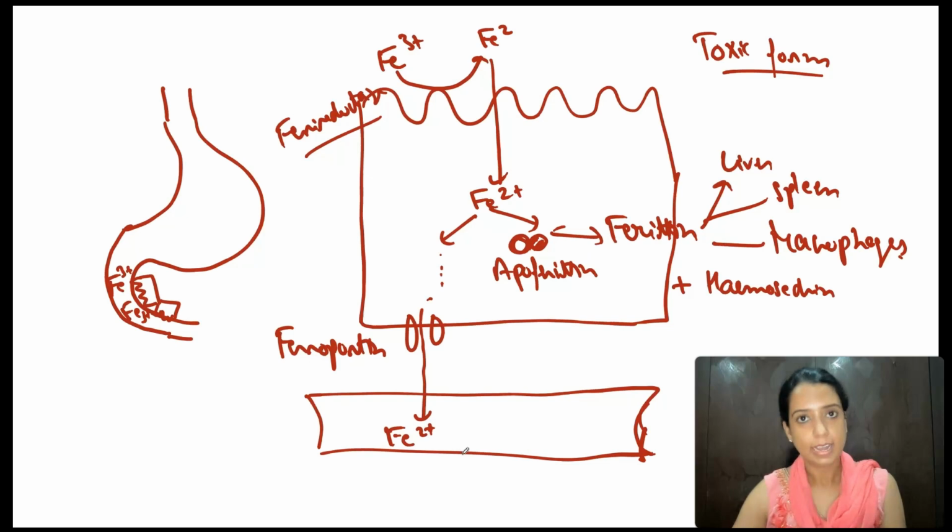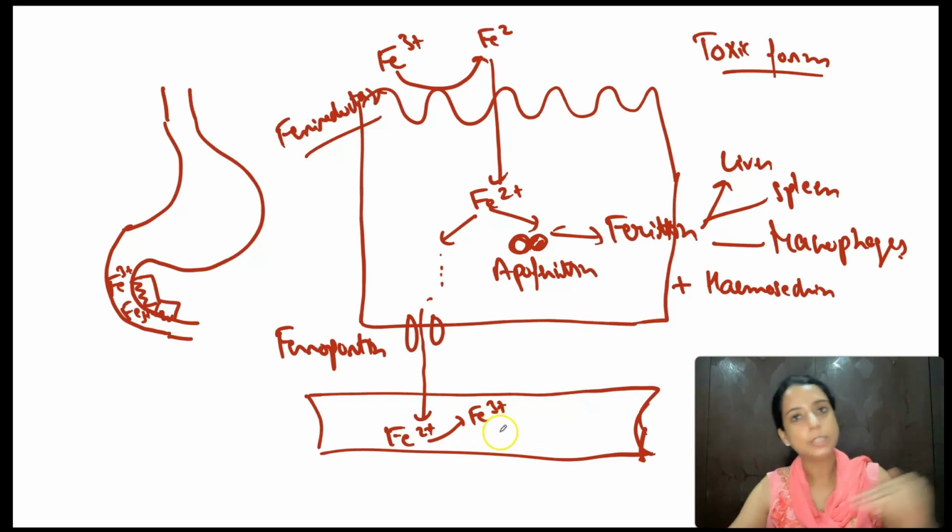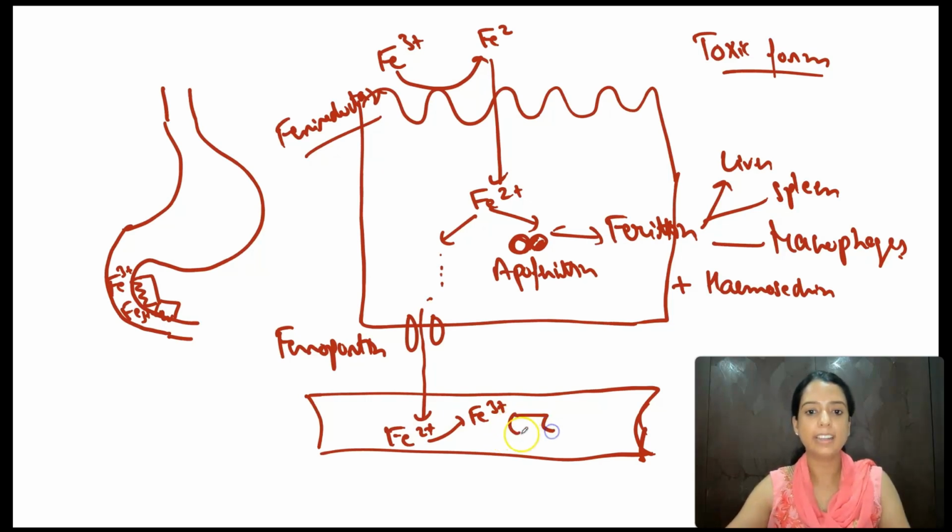In red blood cell it will again be converted to the ferric form, and this form will transport into the blood. ब्लड में ये फ्रीली ट्रांसपोर्ट नहीं करेगा, it has to combine with a transport protein, और ये ट्रांसपोर्ट फॉर्म ऑफ आयरन बनाएगा. It will make the transport form of iron by combining with the protein transferrin. So it will combine with transferrin and that is the transport form of iron.